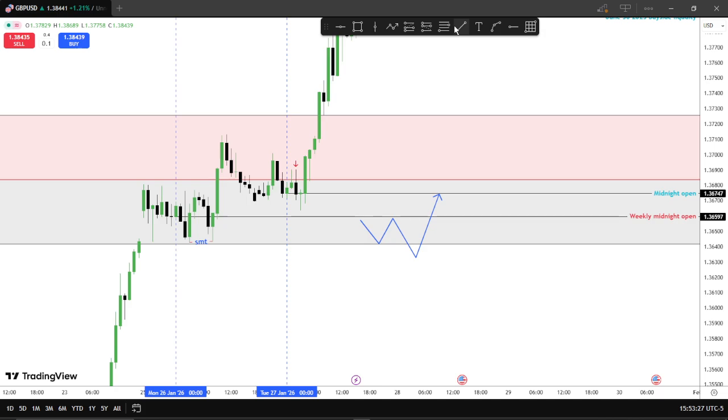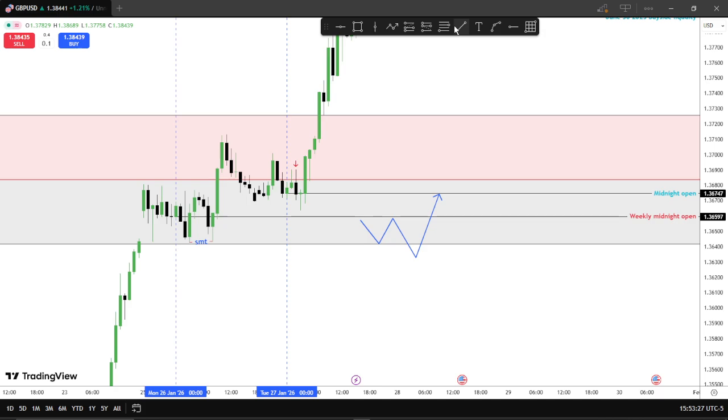Definitely you're seeing what I'm trying to explain here. So this is Pound and this is Euro, and this is what we are seeing right here. I was able to take a long entry here, it was the London session. I trade on London session.